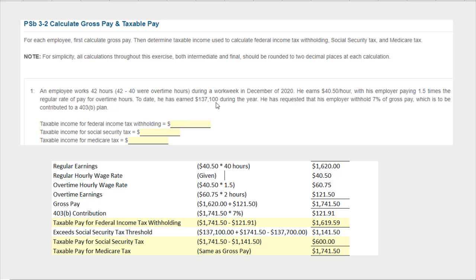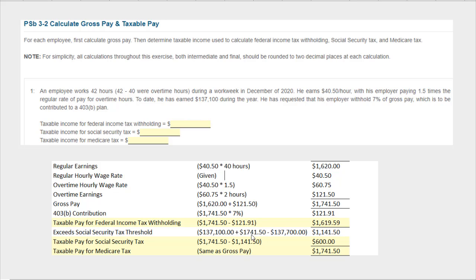And then with this pay period, the taxpayer earned $1,741.50, which we had calculated before, and that's the gross pay for this pay period, right? So you add this figure to this figure, which is done right here, 137,100 plus the current pay, 1,741.50. That gets us the current year-to-date earnings or pay.